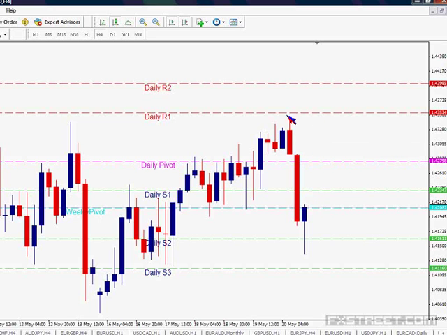As you can see, price wasn't able to overcome resistance 1. We have seen the pair 4 or 5 pips away from resistance 1 today, losing momentum, breaking below the pivot point, heading quickly towards support 1, and then to support 3, even lower. It's very unusual to see prices overcoming support 2 in intraday trading.